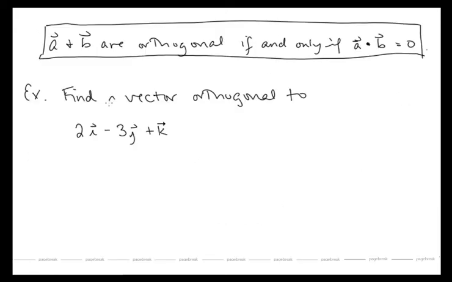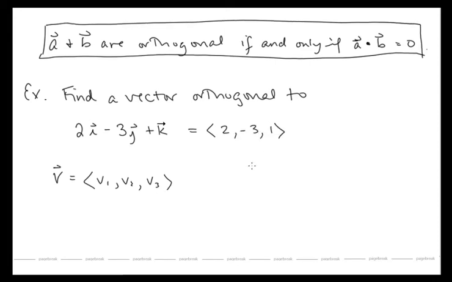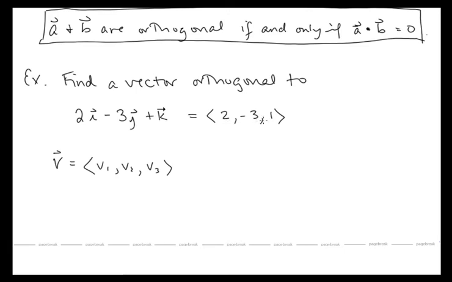For example, find a vector orthogonal to 2i minus 3j plus k. Find a vector. Okay, I'm going to call that vector v, and that's going to be v1, v2, v3. And I'm going to write the component notation here for this vector. This is 2, negative 3, 1. Find a vector orthogonal to 2, negative 3, 1.